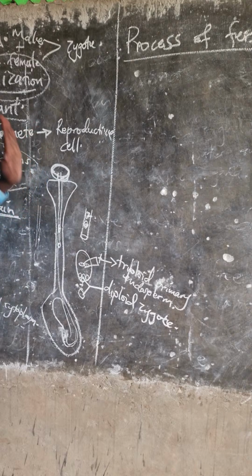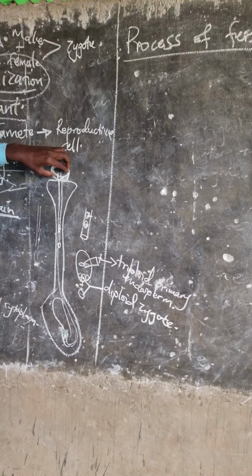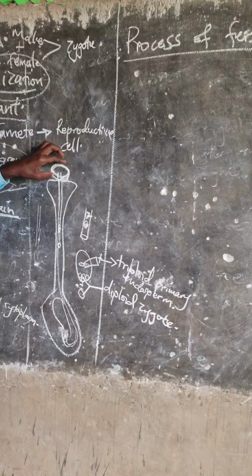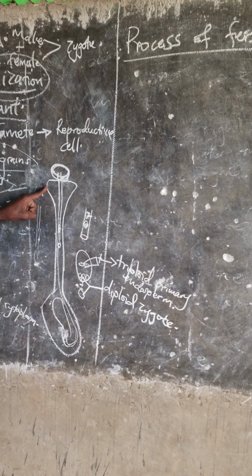So, in short, the process of fertilization involves a ripe and mature pollen grain landing onto a ripe and mature stigma. Once there, the pollen grain absorbs water and mineral salts from the stigma such that it germinates into a pollen tube.